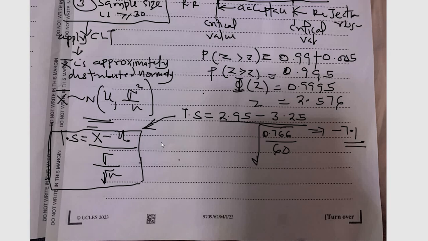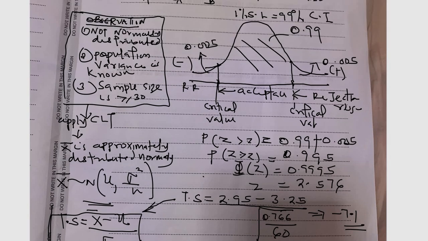So where can you find this minus 7.1? You know, this z is 2.576. Minus 7.1 is around this region. This space is minus 0.05.